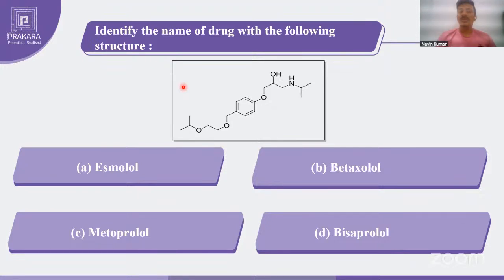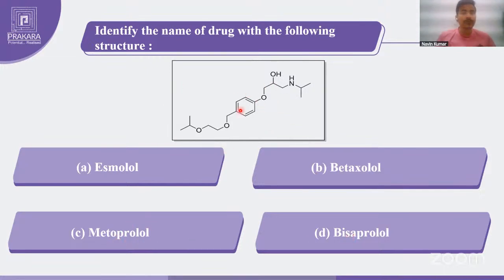In this kind of question, there is no shortcut. You must remember the drug structure either with the help of mnemonics, tricks, or with the help of the side chain. Sometimes you can remember the structure with its side chain. Here you can see the given structure, and the options are esmolol, betaxolol, metoprolol, and bisoprolol.